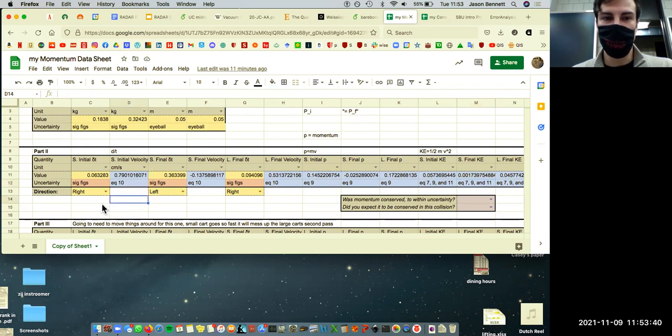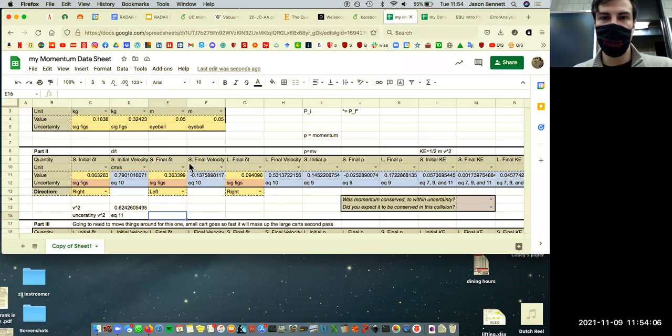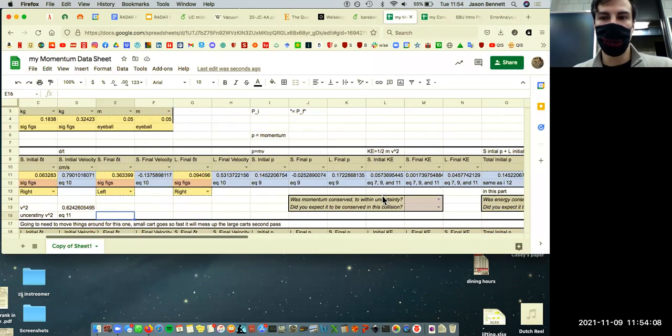So you can say, okay, this is V squared, and this is uncertainty of V squared, and you can take your value, square it, and then use equation 11 right here to get the uncertainty of that, because the uncertainty of a quantity squared uses 11. So it would be 2 times the uncertainty of B. Or because they didn't give you your own column, you can do it in one fell swoop, which is what I meant by 7 plus 9.